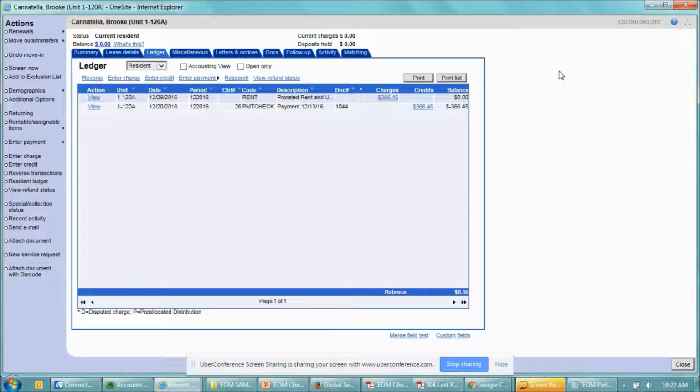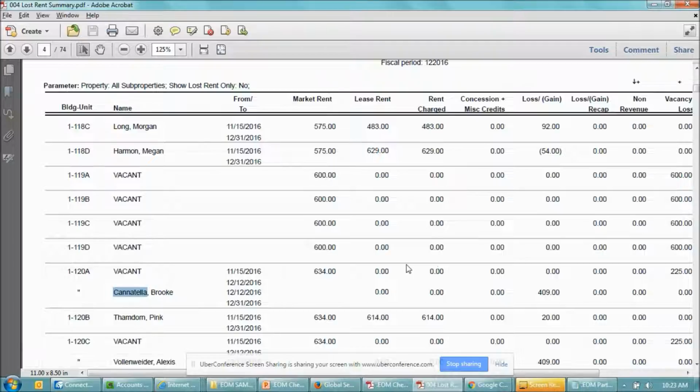As far as reviewing the information, this is the report that really gives you the grand overview of what happened in your property for the month. So I would definitely spend a good amount of time making sure that all of that makes sense.